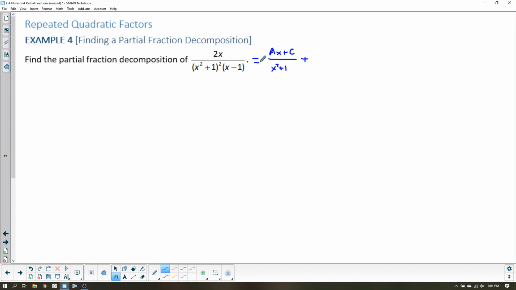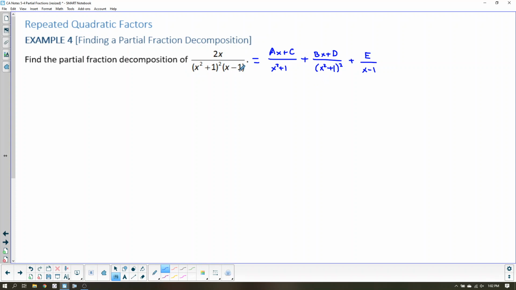But it's repeated, so we have to do a second one. And then we have to handle this one as well. That one we can just do a single letter. So that's what the form of that partial fraction decomposition has to look like.